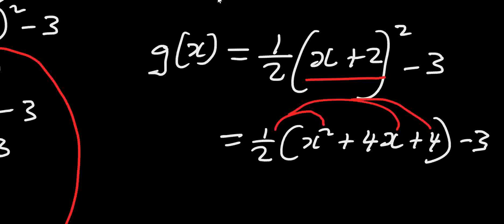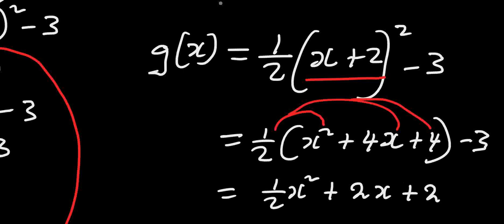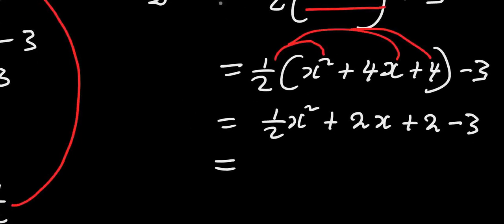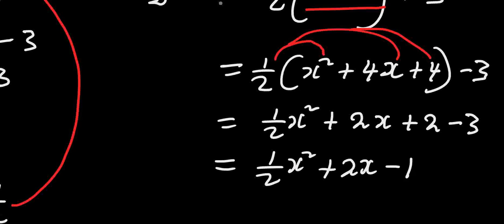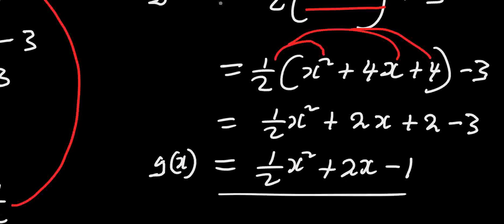If we do that, then this will become 1/2 x squared plus 2x plus 2 minus 3, and that will be equal to 1/2 x squared plus 2x minus 1. So g of x in the general form is equal to this, and that is the final answer to this question. I hope this makes some sense.